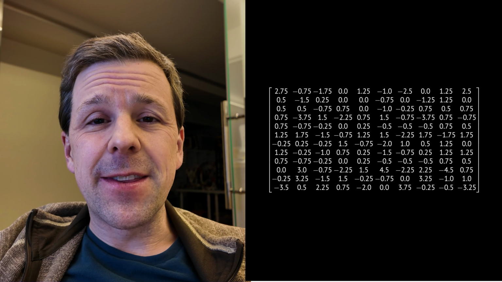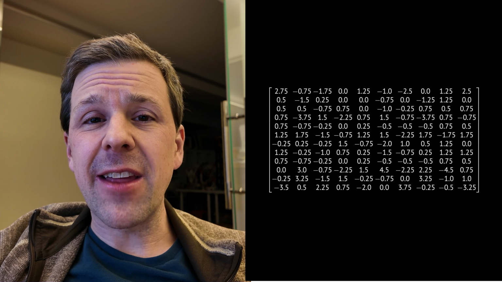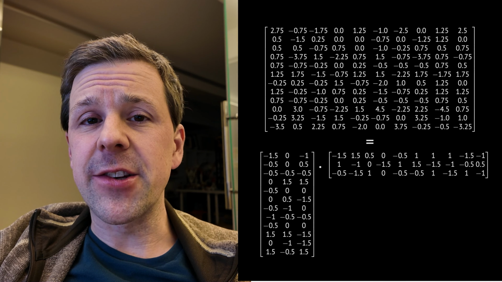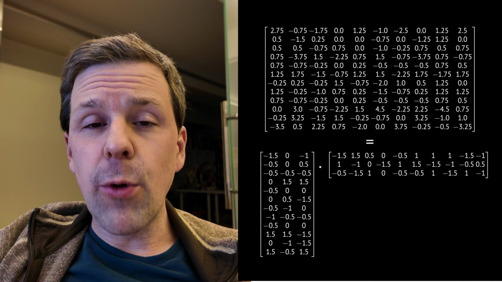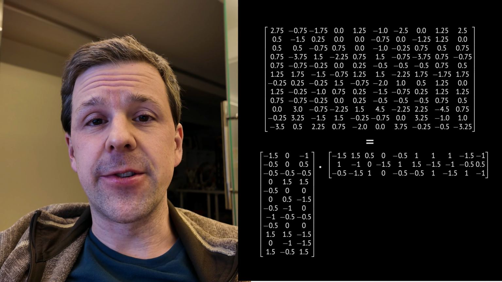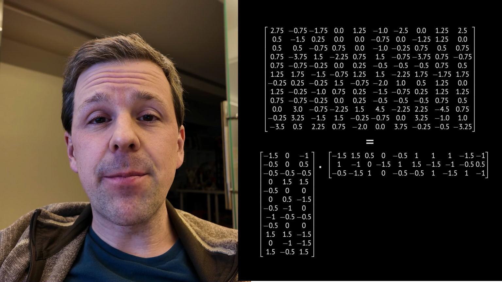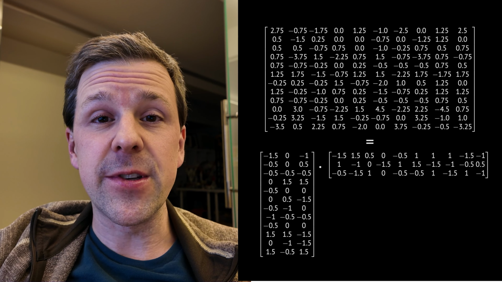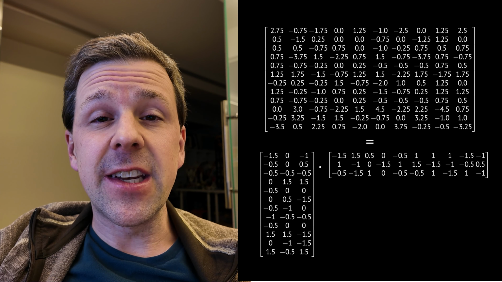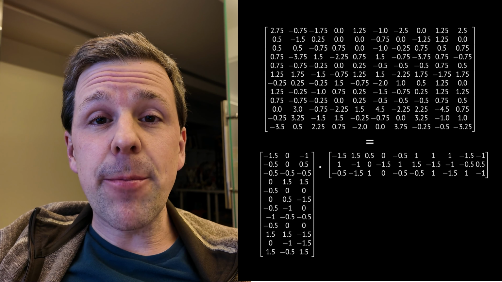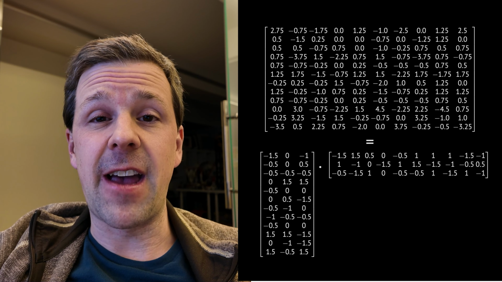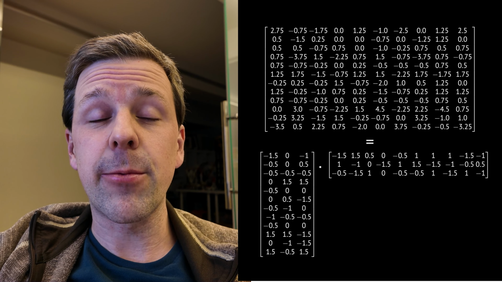But I've hidden something in this matrix. This matrix is really a rank 3 matrix. So I really only need a rank 3 approximation, which means I need 3 row vectors and 3 column vectors in order to approximate it. Those 3 column vectors give us 36 numbers, and those 3 row vectors give us an additional 30 numbers. So I can represent all 120 numbers with just these 66 values in the rank 3 approximation.